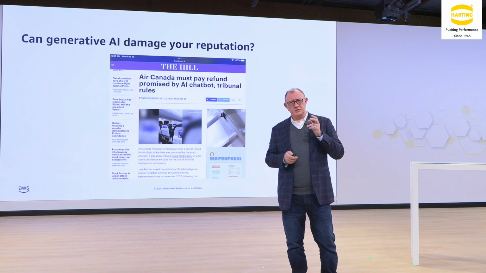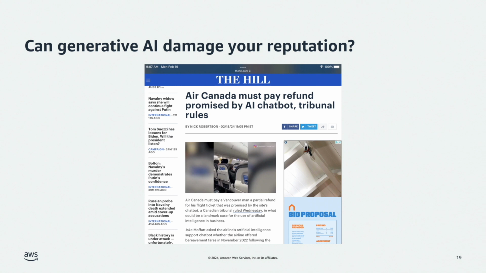All right, so can Gen AI damage your reputation? I don't know if you saw in the news recently, but an airline in Canada, somebody asked about a funeral discount, and their chatbot said, "Oh yeah, sure." And then later on, it was found out that that was actually made up.